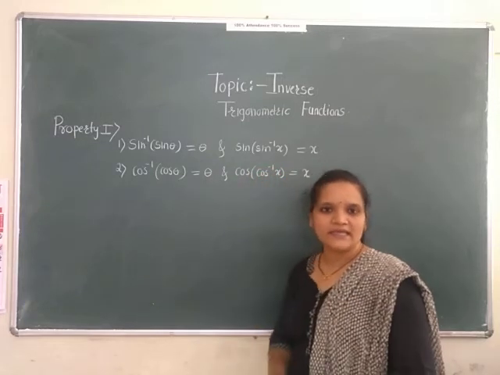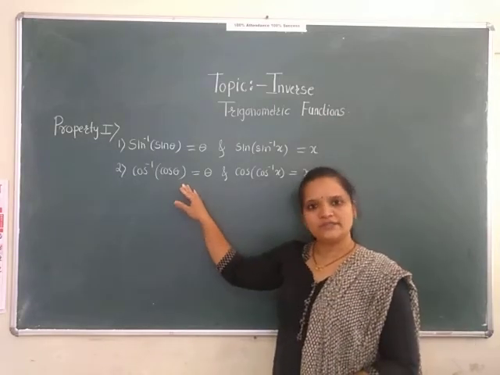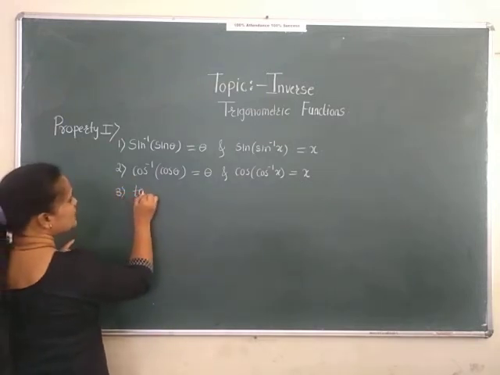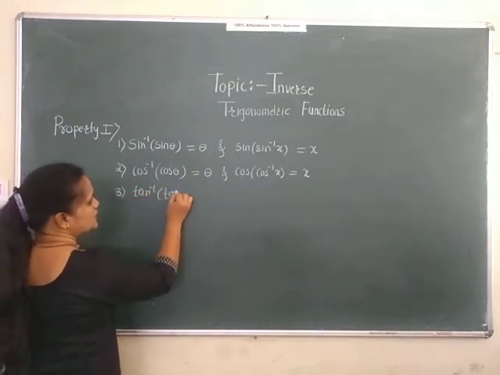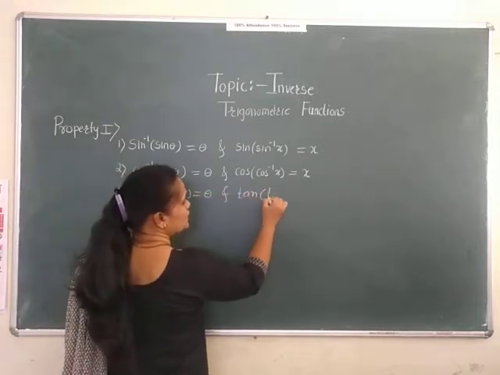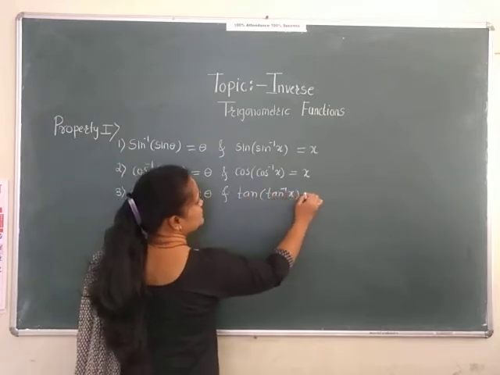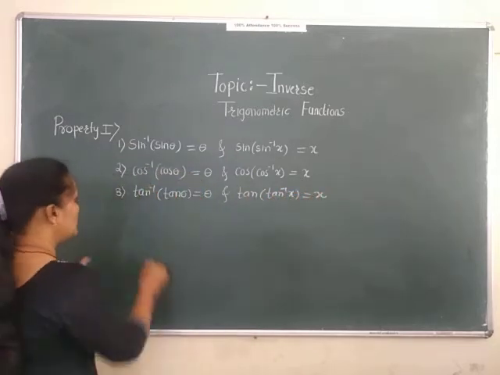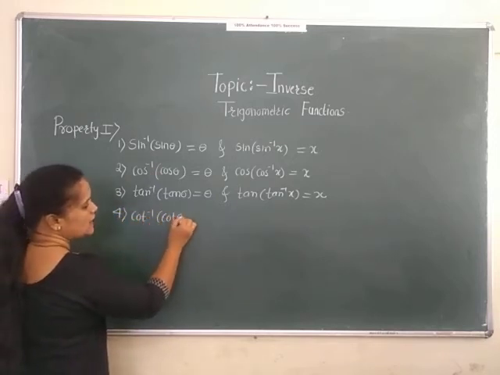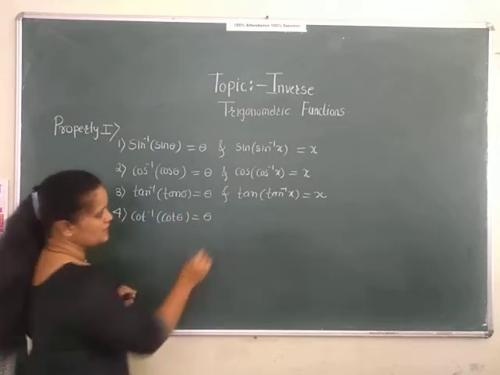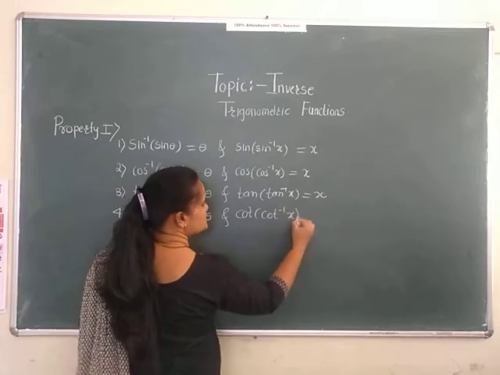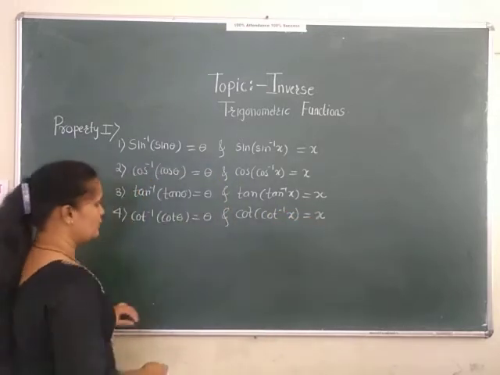Similarly we can write this property for all the inverse trigonometric ratios. So tan inverse of tan theta is equal to theta, and tan of tan inverse x is equal to x. Fourth one: cot inverse of cot theta is equal to theta, and cot of cot inverse x gives only x.